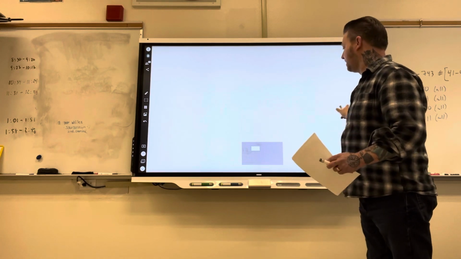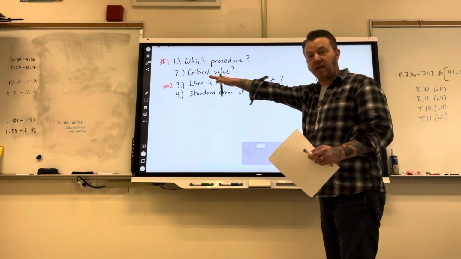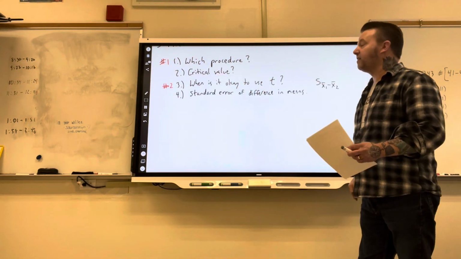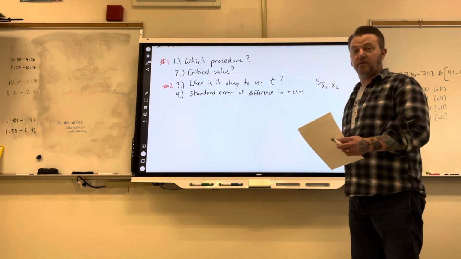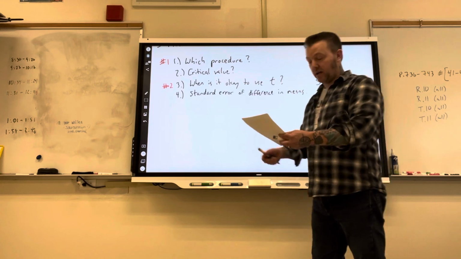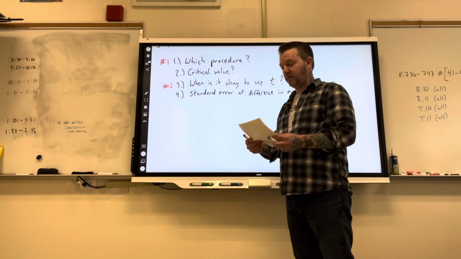Okay. So just use the formula sheet. It'll be up there, or I'll print it out, either one. Standard error, difference in means. Okay, remember we square them, add them together, square root them. All right, let's look at number 5.